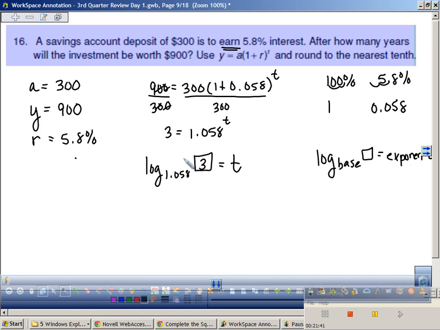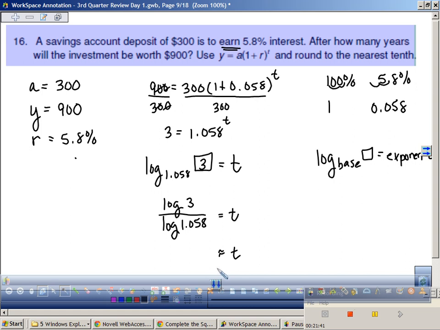All right. So I would do the change of base formula for this now. Correct? The base goes in the bottom. So I would have log of 1.058 and log 3. Put that in a calculator and you get what?